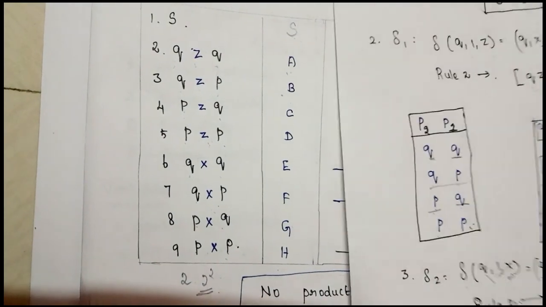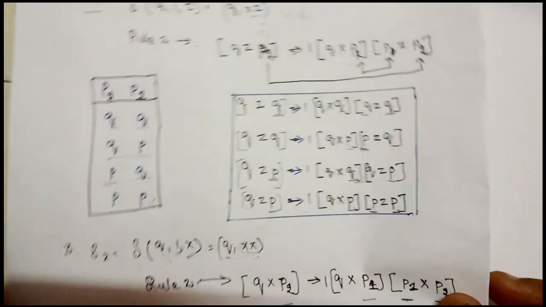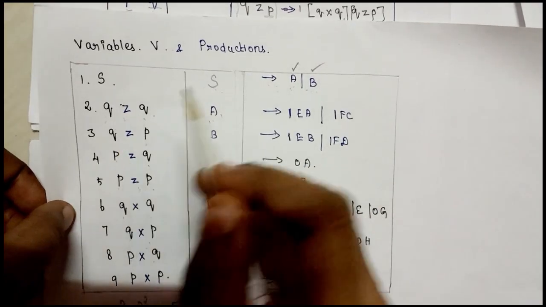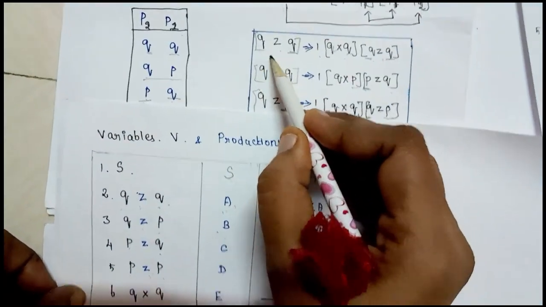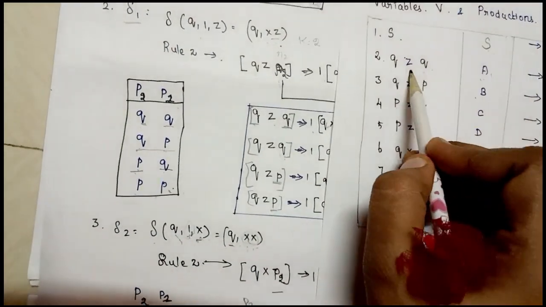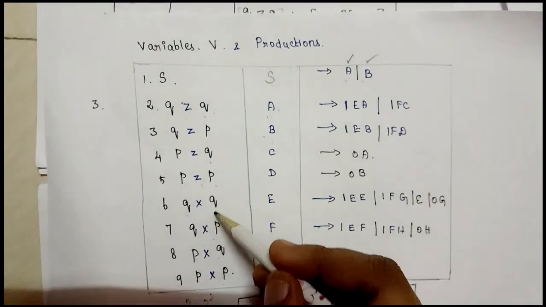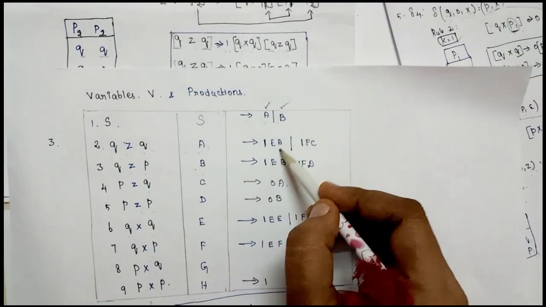Now let's see the first transition function. For this we have found 4 productions. Let's take them one by one. QZQ is A. A produces 1, QXQ is E, and QZQ is A. So A produces 1EA.